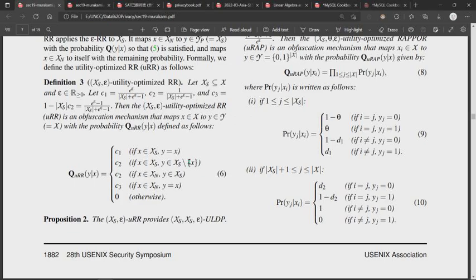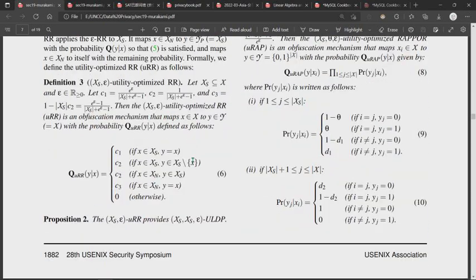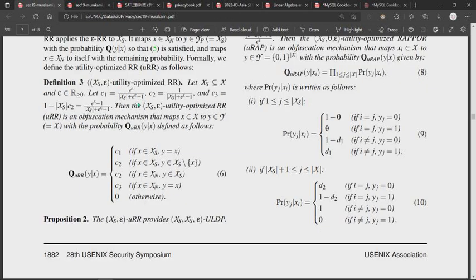C1 is e to the epsilon over this. There's not any difference though, because C1 is e to the epsilon. No, there's no difference. There's a difference. Except there's not a difference. Wait, there's no difference.